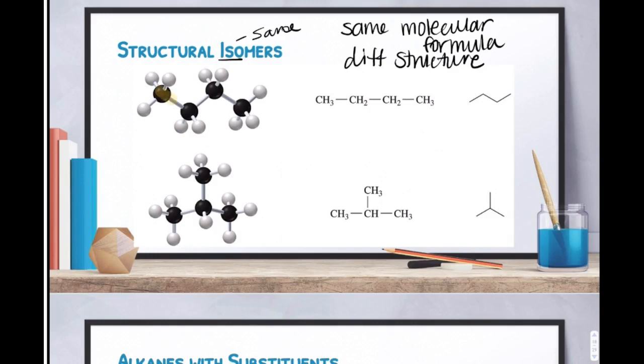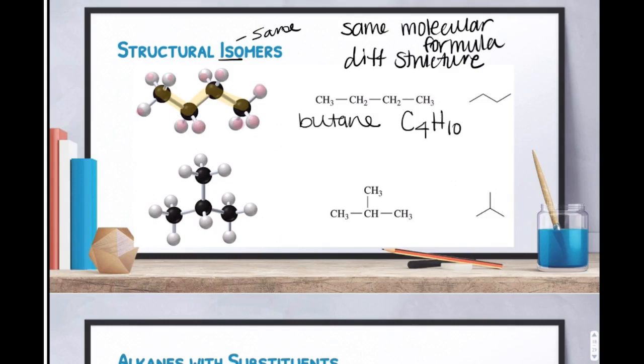This one is 1, 2, 3, 4. So this would be a butane, right? And so I'm looking at C4 and then count my hydrogens. 1, 2, 3, 4, 5, 6, 7, 8, 9, 10 hydrogens, and so H10.